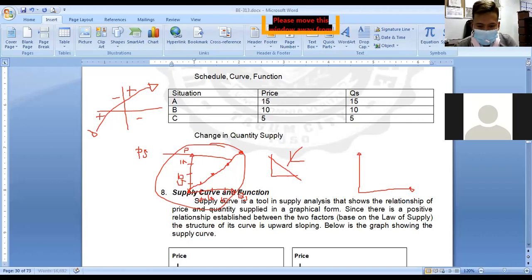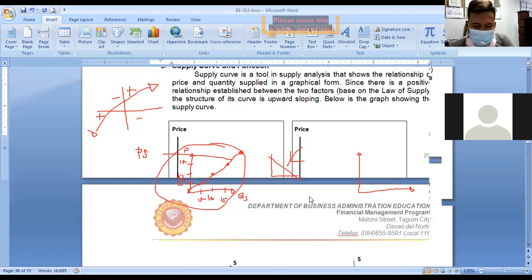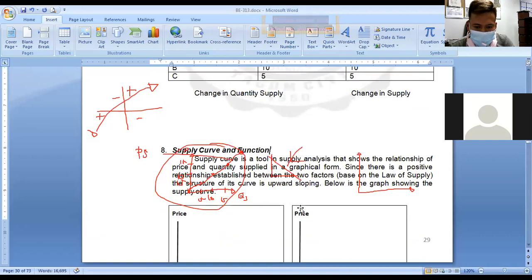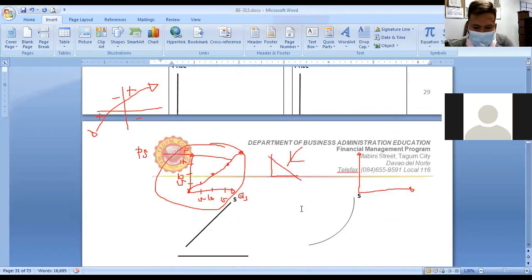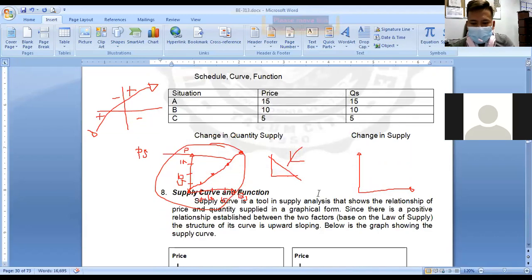Now let's have the change in supply, but I forgot some of the possibilities, so I'll just recall. These are called the non-price determinants of supply, NPD. What I can remember for now is the number of sellers.